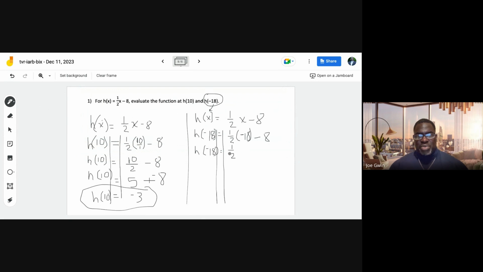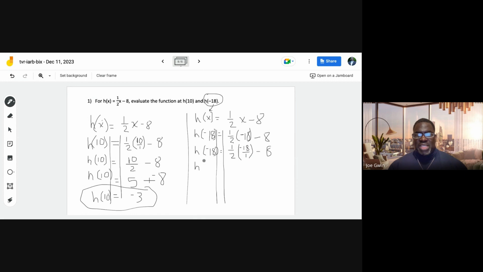Since this is a fraction, we're going to make the negative 18 a fraction. So times negative 18 over 1. If you put a 1 under a whole number, you make it a fraction, and it still equals the same thing. So negative 18 divided by 1 is still negative 18. Bring down this minus sign. Then bring down the 8. All right, we're almost done.